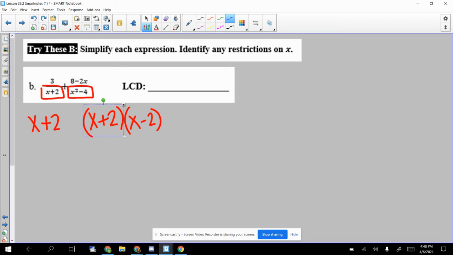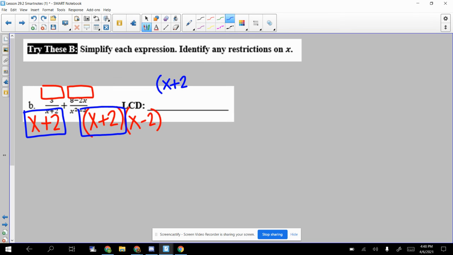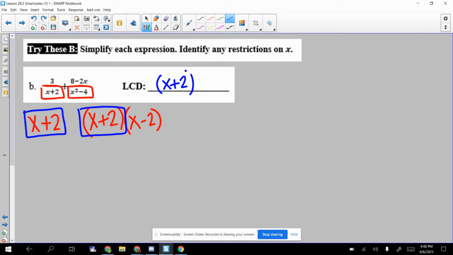Again, remember, in order to find your least common denominator, you look at your factors and whatever they have in common, you're going to write once. So that x plus 2 is part of it. And then whatever they have not in common, you're also going to write once, which would be this x minus 2. So the least common denominator is x plus 2 times x minus 2.